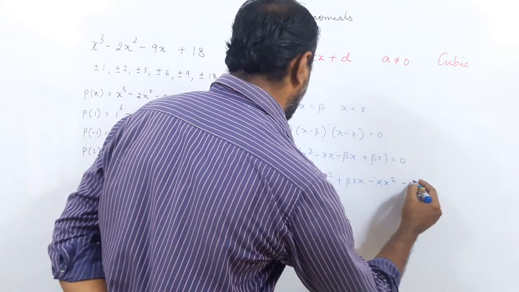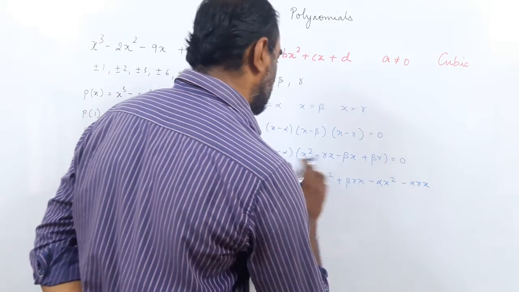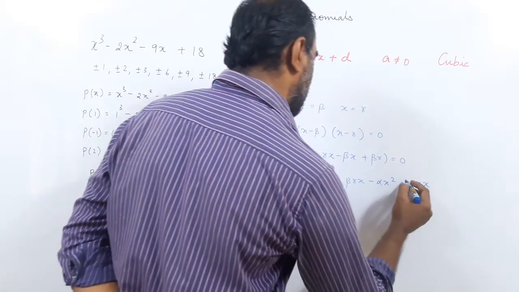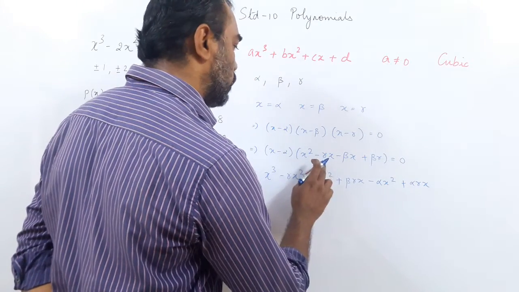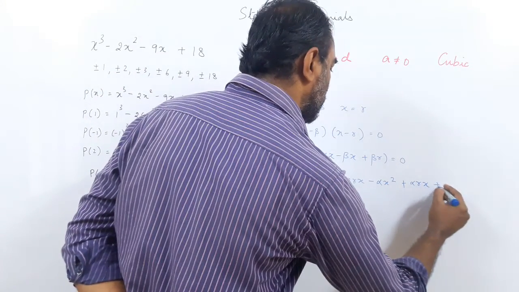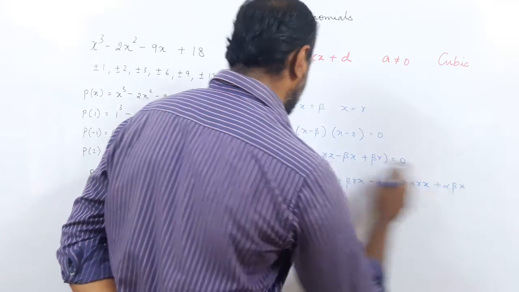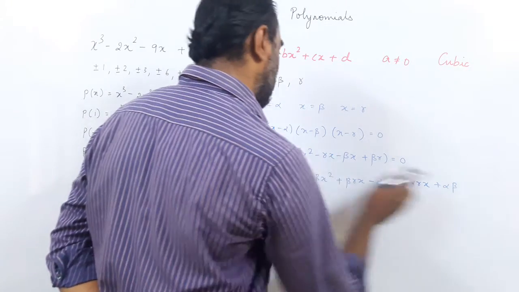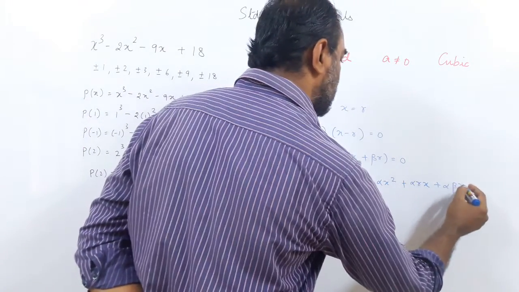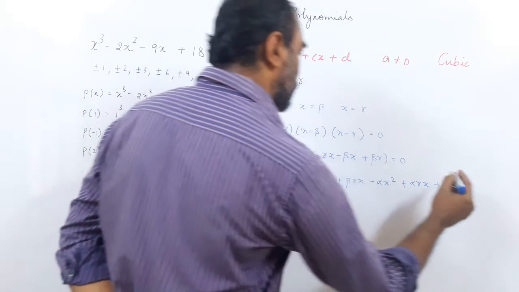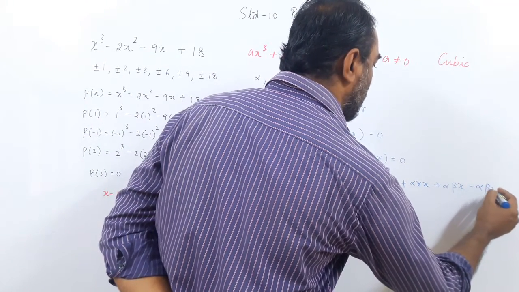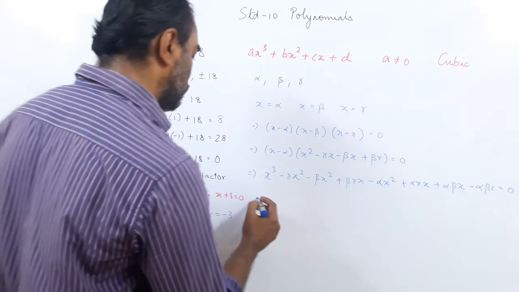This minus alpha gamma x. This will become plus because negative into negative is plus, alpha beta x, and minus alpha beta gamma equal to 0.